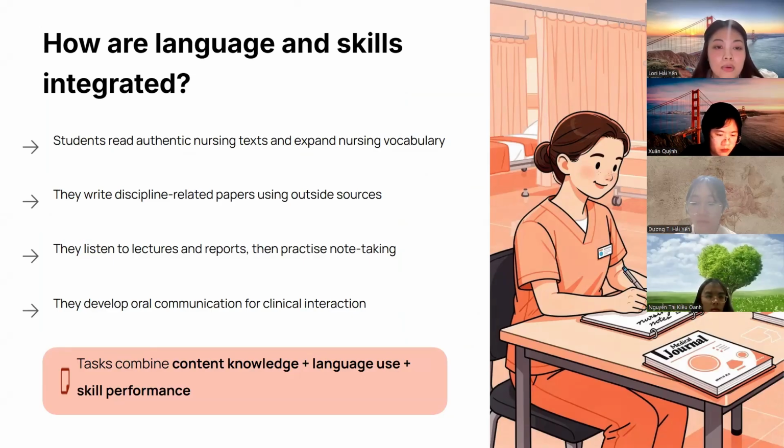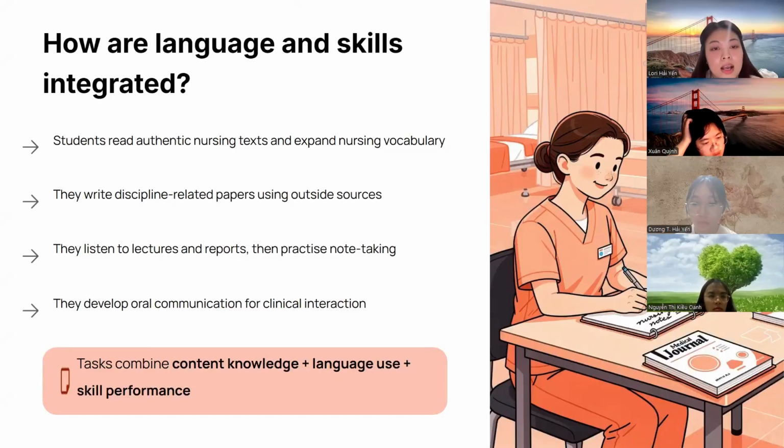Students also develop oral communication for clinical interaction through tasks such as therapeutic communication and interviewing. This means that the course combines content knowledge, language use, and skill performance in one learning process. In this case, the course teaches English through meaningful nursing-related tasks rather than through isolated language practice.